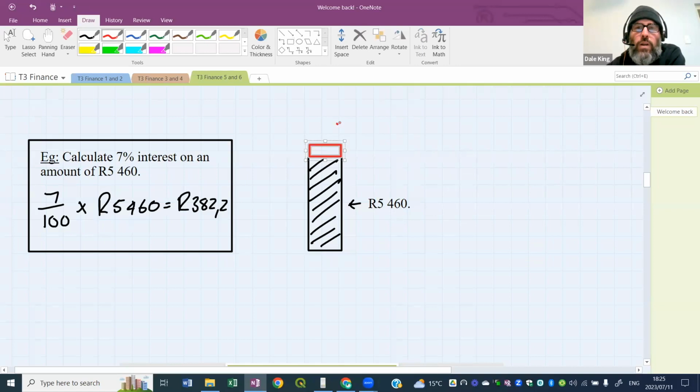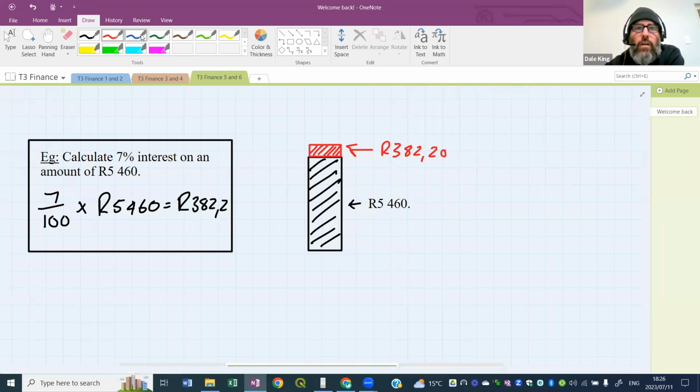I'm going to draw a little extra piece on the top there. So your bar, which was 5,460, has grown by this portion of interest, which is 382 Rand 20.